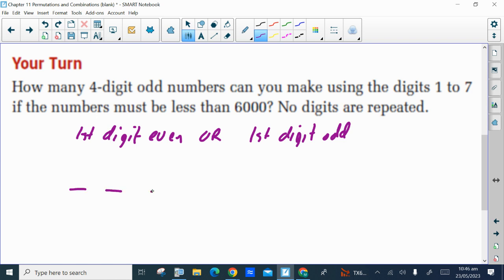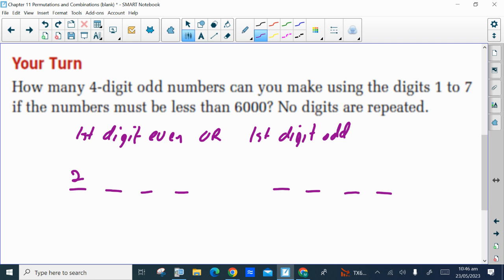So we're doing 4-digit numbers, so we'll mark down 4 spaces for each scenario. The number has to be less than 6,000, so the first digit has to be less than 6. That means for the first scenario, there's only 2 choices for the first digit, the 2 or the 4. The first digit is even.